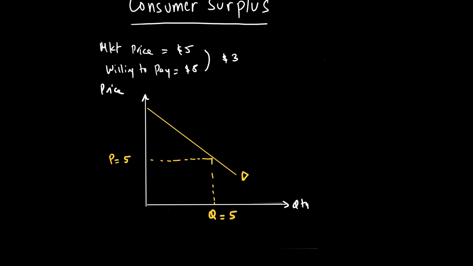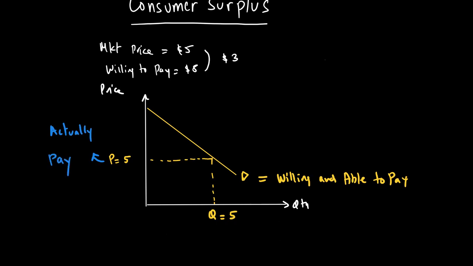What is important to see is that a demand curve shows us what we are willing and able to pay, while the market price tells us what we actually pay. So what we actually pay is $5.